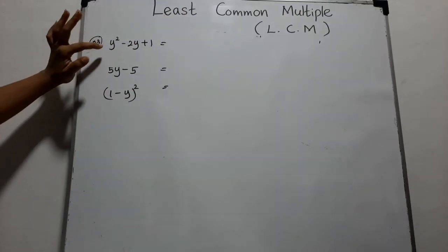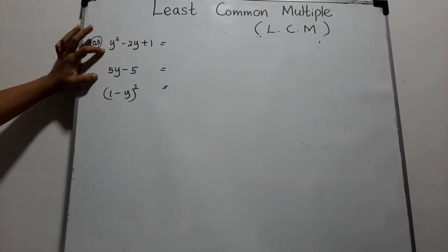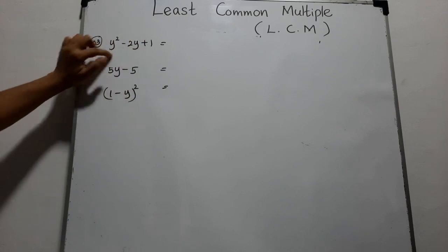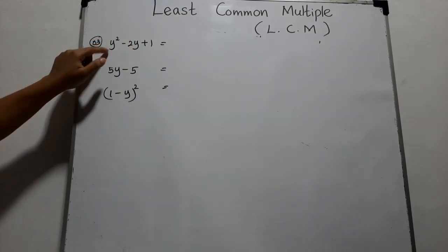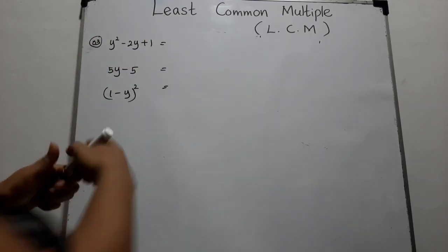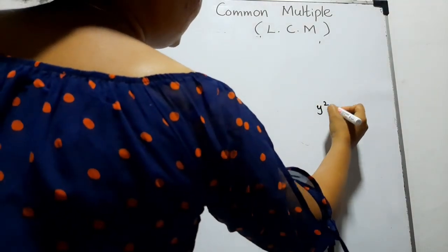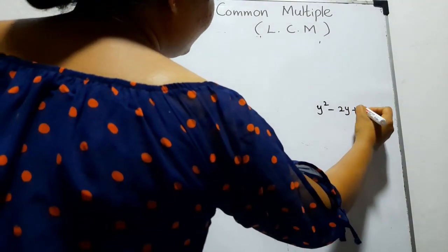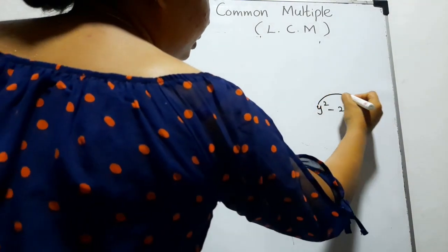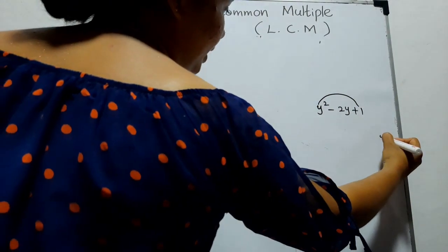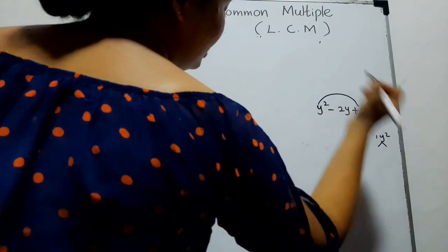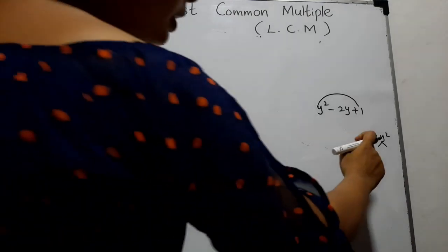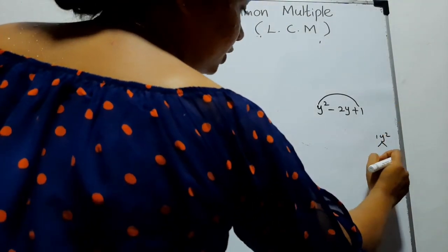Here you are given not a binomial expression but a trinomial quadratic expression. I think you know the way of finding the factors. Let's see how. y squared minus 2y plus 1. We multiply the first term and last term and obtain y squared. Then we have to write y squared as a product of two terms.